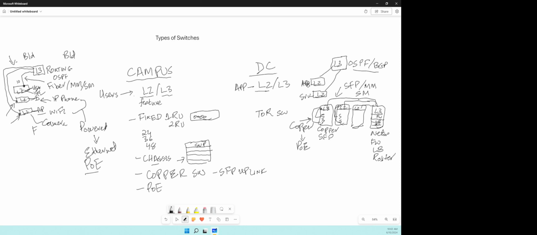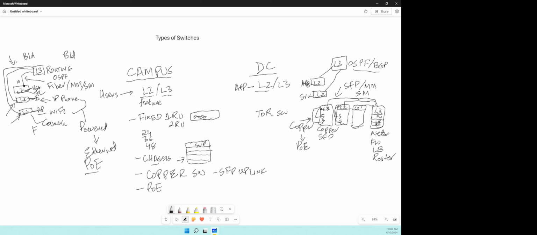The PoE is a very campus specific feature set. So we got the features from layer 2, layer 3 fixed, number of ports, chassis, copper, and power over Ethernet, and also the uplinks would be SFP based, which is a small form factor pluggable.